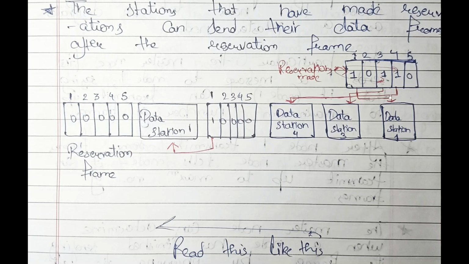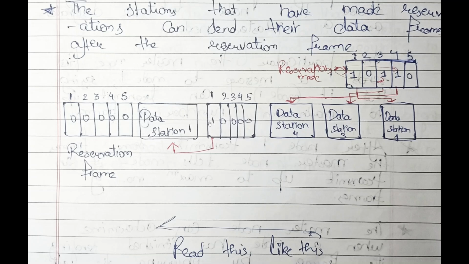Okay, so this was here. First of all, this frame went, and then the data of station 1, station 3 and station 4, whoever made the reservations, will be beyond this reservation block.